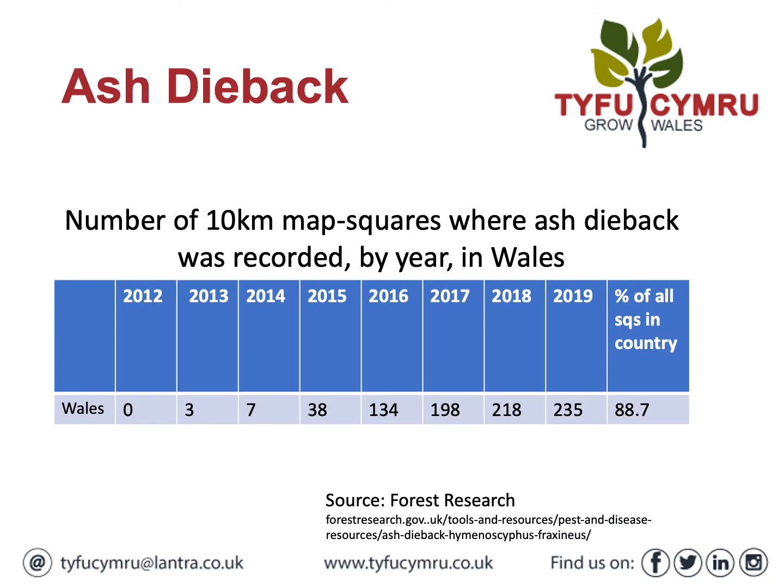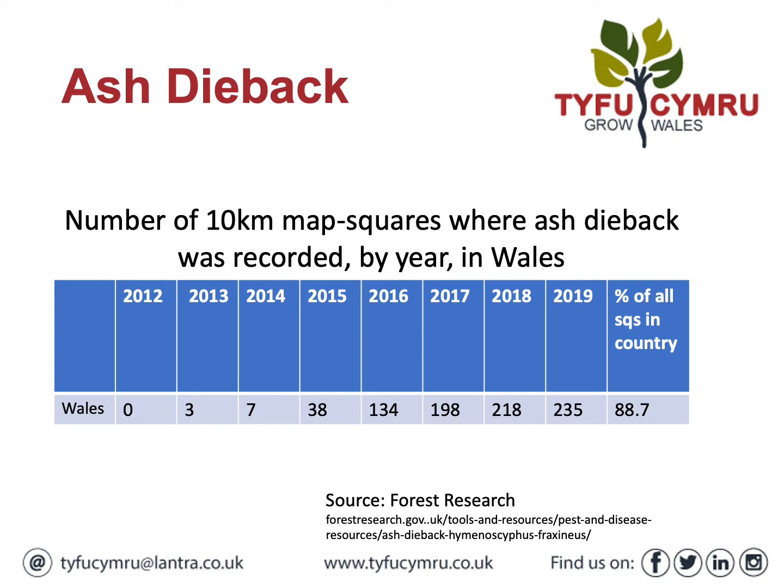I put here an example of the spread of the disease. So the spread of ash dieback's been recorded in Wales by looking at 10-kilometre map squares and then recording which of those 10-kilometre areas have infections of the disease.